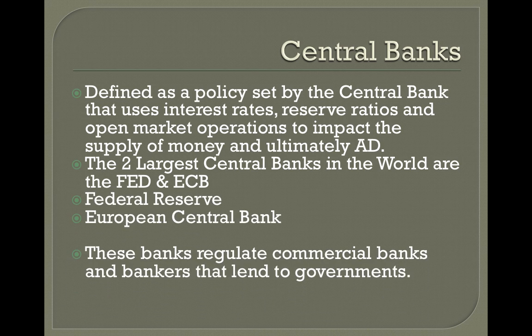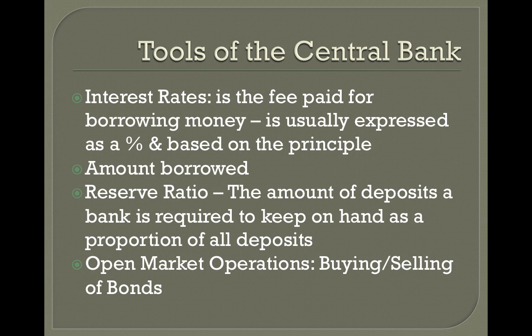Anyway, as we said, we're going to define monetary policy, which we've done. Now we're going to talk about how a central bank works and what its roles and responsibilities are. One of its main roles is that it regulates commercial banks and banks that lend to government. So the central bank sets rules that impact all the commercial banks.